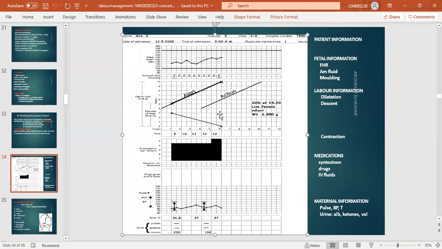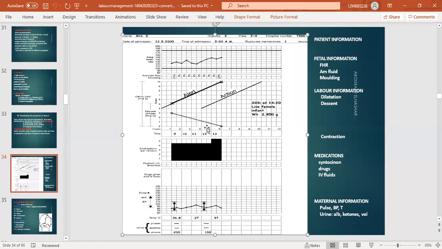And if after 4 hours there is no progress, 6, 7, 8, 9, 10, in 4 hours if there is no full dilatation, you have to take action. Either you think about forceps application, you think about cesarean section, or you think about vacuum application.